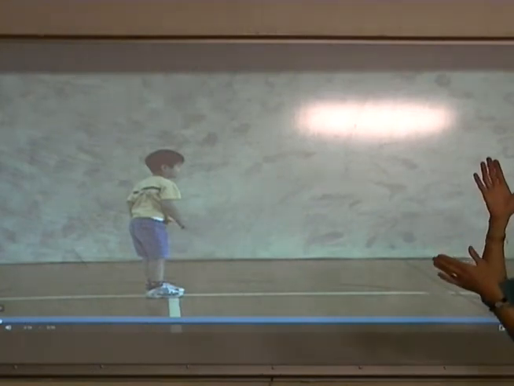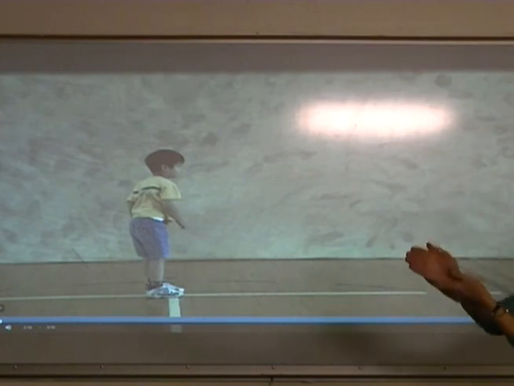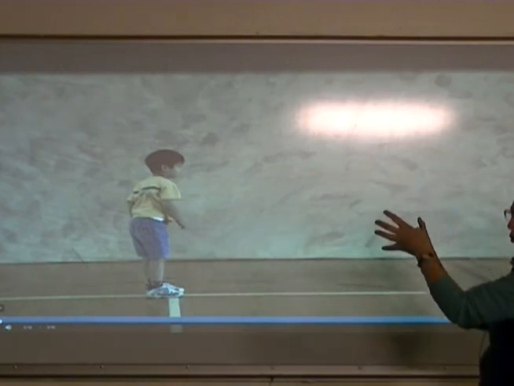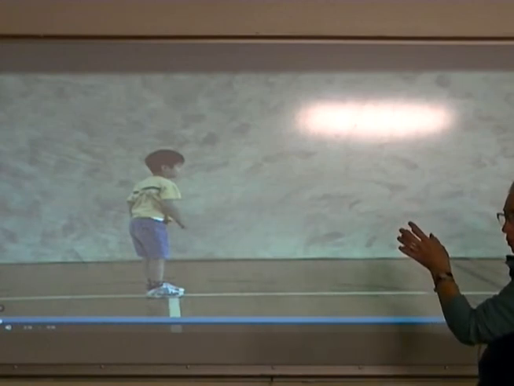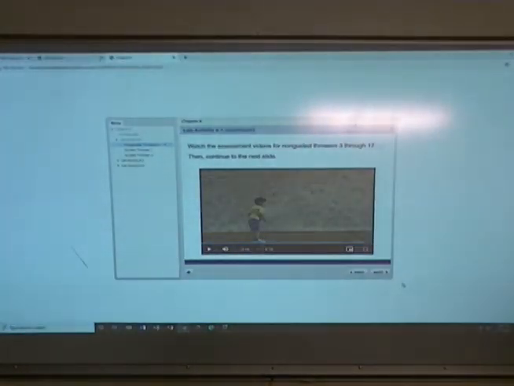Now, if I know what I'm seeing and a possible reason why I'm seeing it, what am I going to do to try to move this individual up to the next level? Right? And it takes practice. You have to practice. That's why the authors of this book provide so many film clips for you to look at. Right?